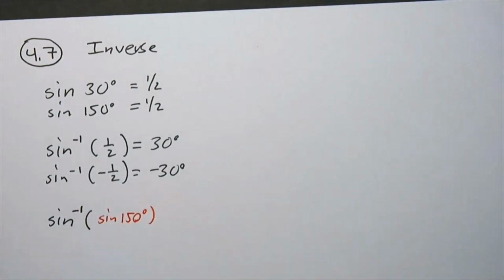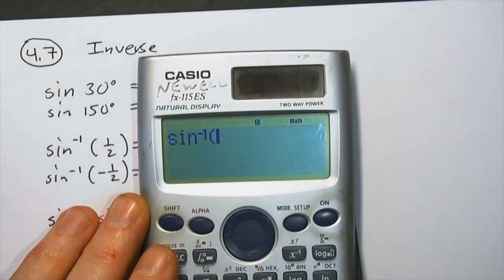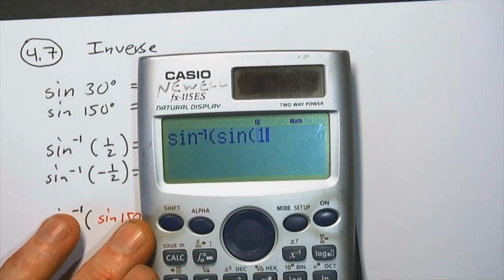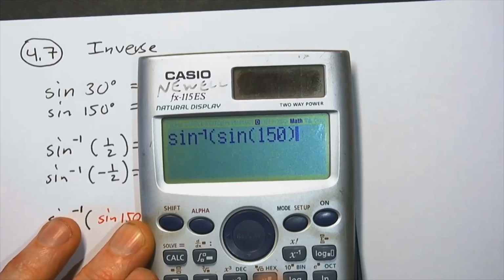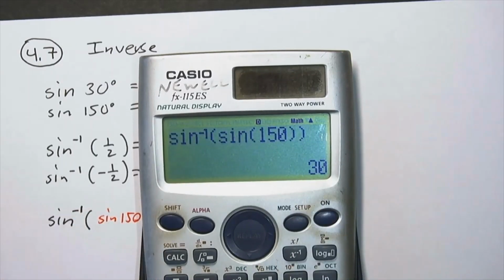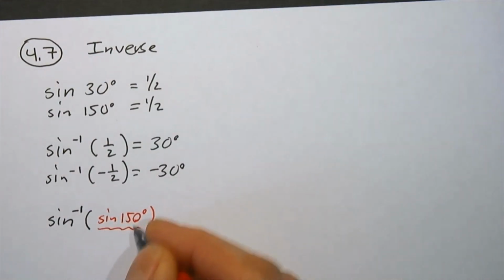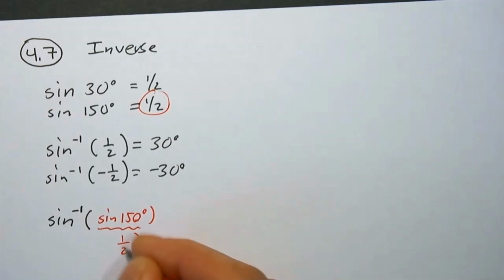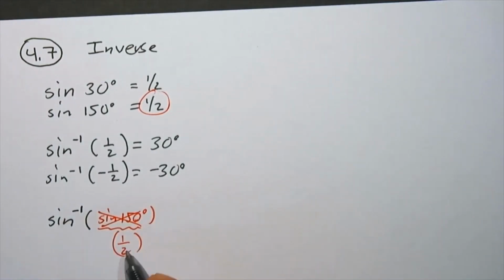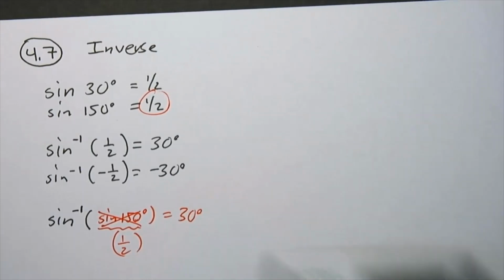Sometimes when you put it in the calculator, I have to clear, second sine, and then sine of 150. Sometimes you have to put a second parenthesis to close it up. It says 30. So why did it do that? Because when I go, what's the sine of 150? Well, that's a half. Okay, what angle gives me a half? It's going to grab the quickest answer it can, 30 degrees.